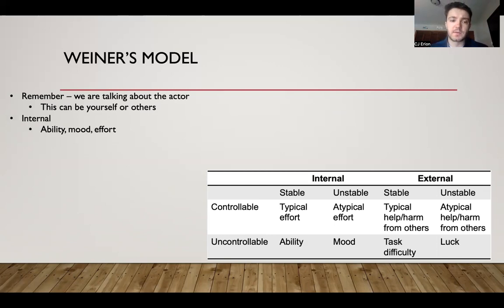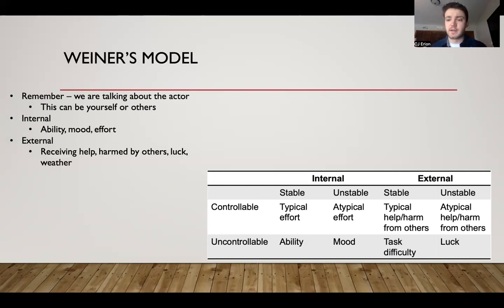We make attributions about whether the behavior is internal or external. If we're making internal attributions, we're talking about things like ability, mood, effort, some things that are internal to the person, right?